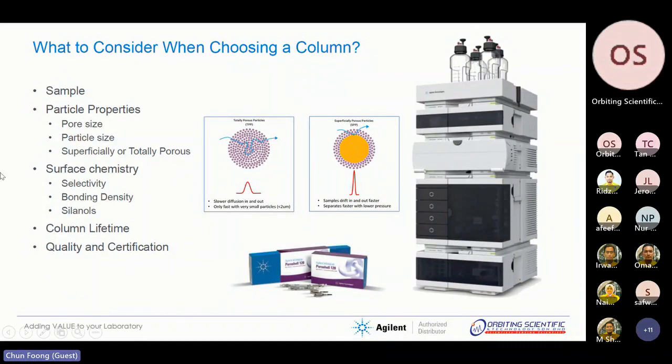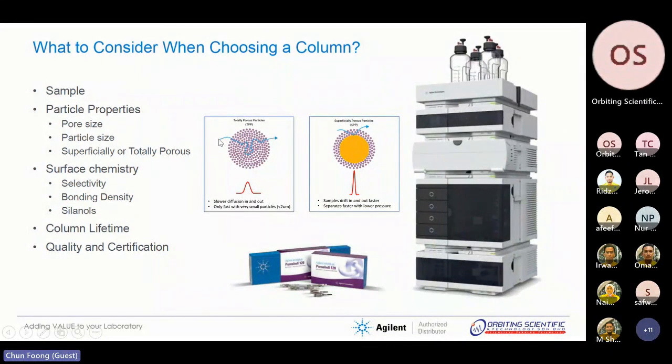From knowing the sample properties, we can choose a column according to the column specification. There are many types of columns available in the market nowadays. The most common or conventional ones are the totally porous particles.